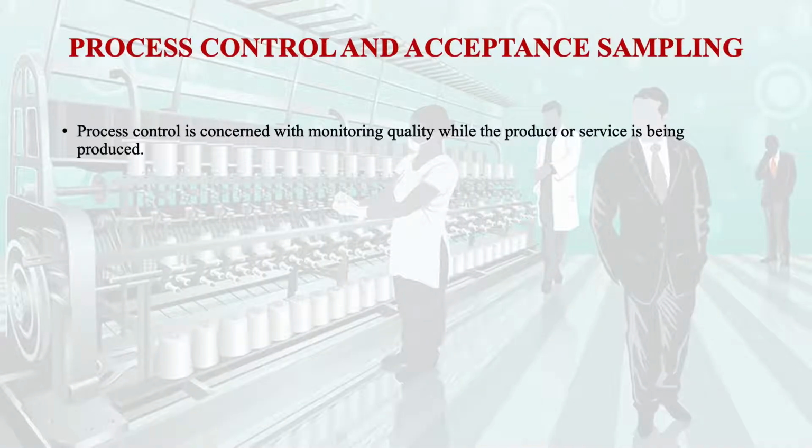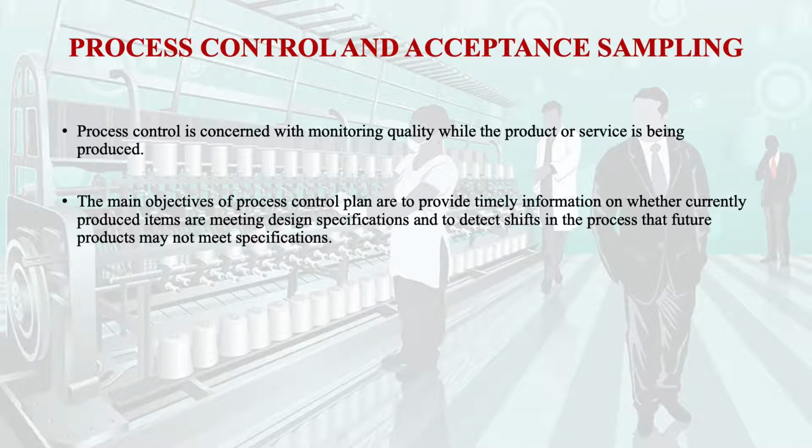Now we will come to process control and acceptance sampling. Process control is concerned with monitoring quality while the product or service is being produced.